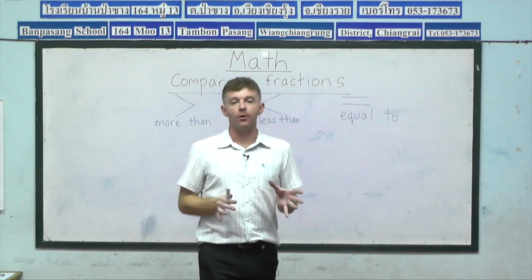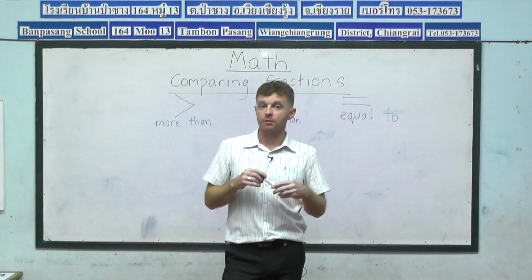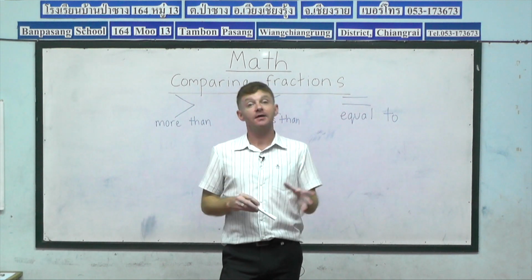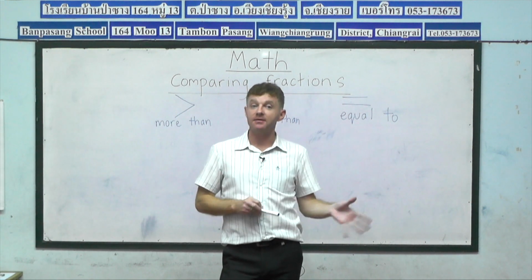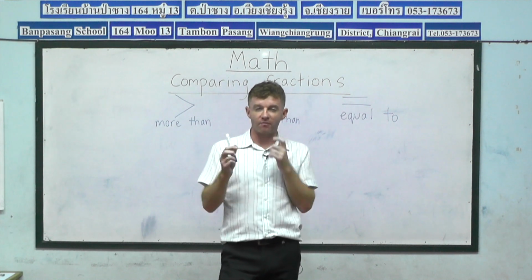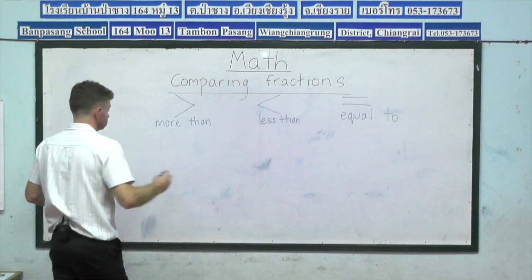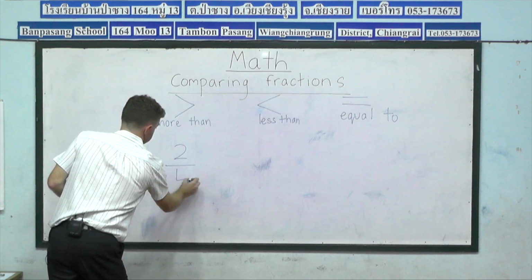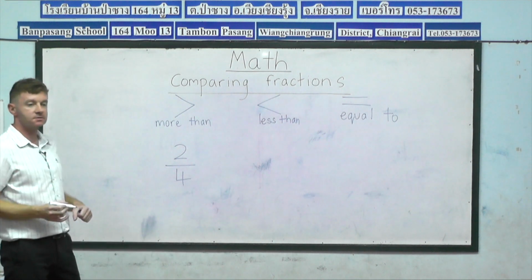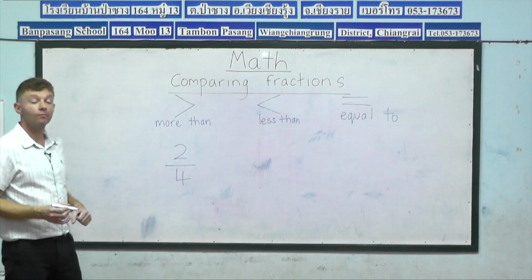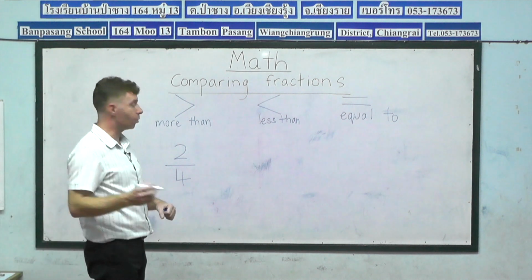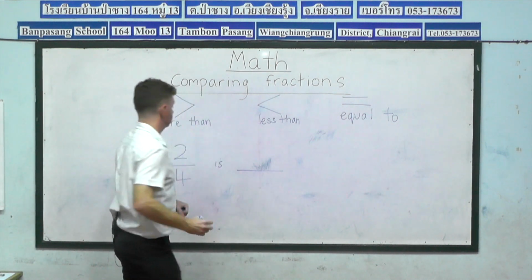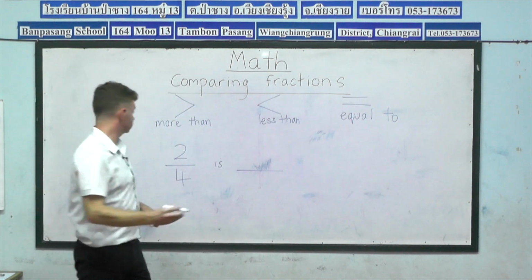So what I'm going to do is write 2 fractions on the board and then invite a student to come forward and demonstrate if they're more than, less than, or equal to. So we need our first fraction on the board. What's our first fraction, guys? 2 over 4, or 2 quarters, is, and now we need our next fraction.